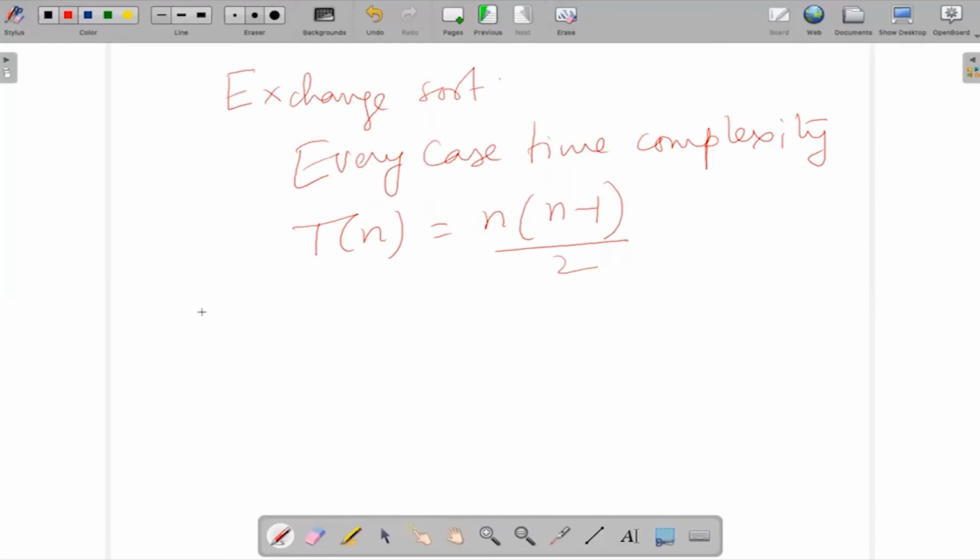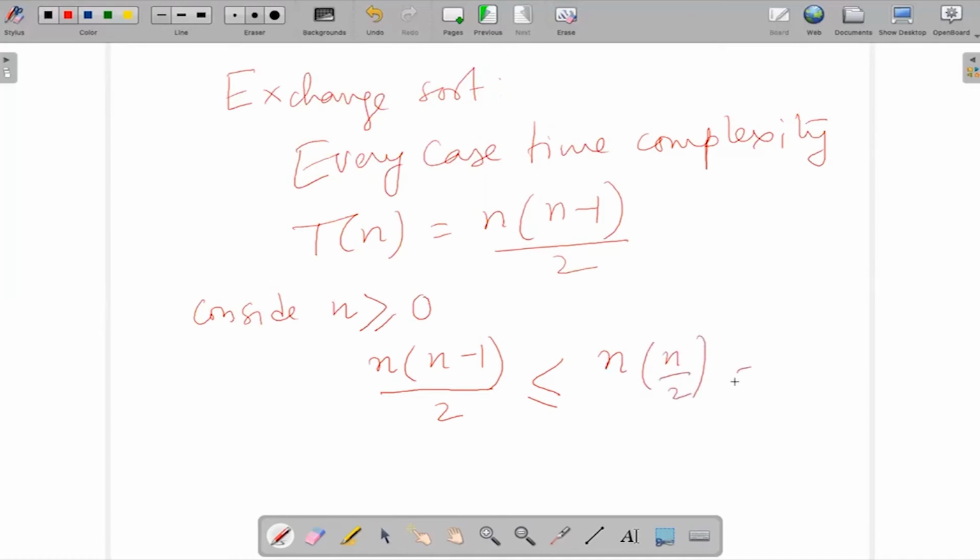Now consider n greater than equal to 0. Then you can always write n into n minus 1 by 2 is less than or equal to n into n by 2, that is half n square, okay.